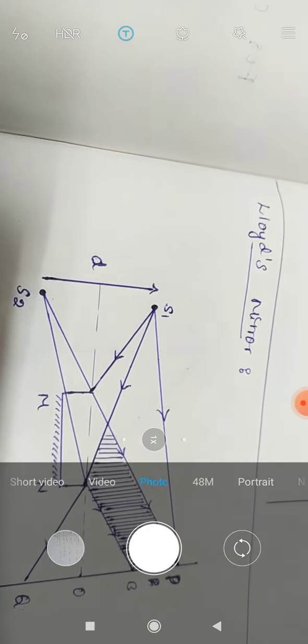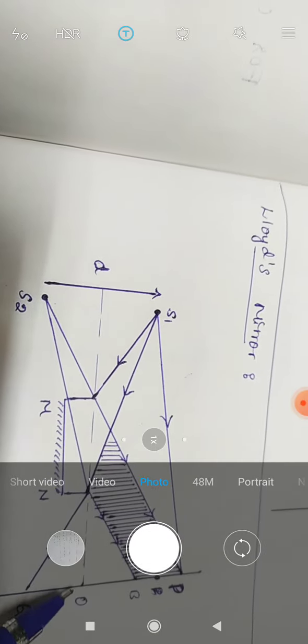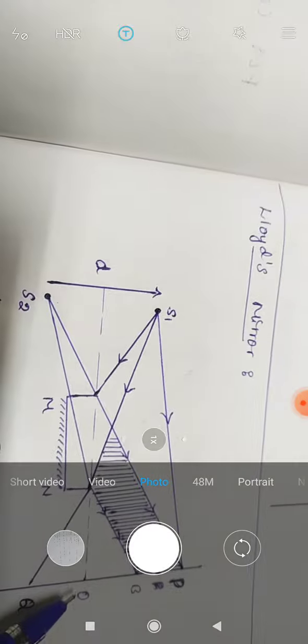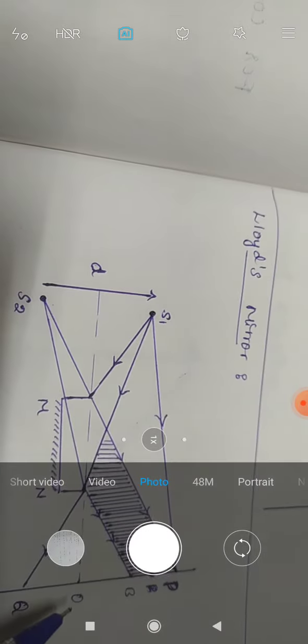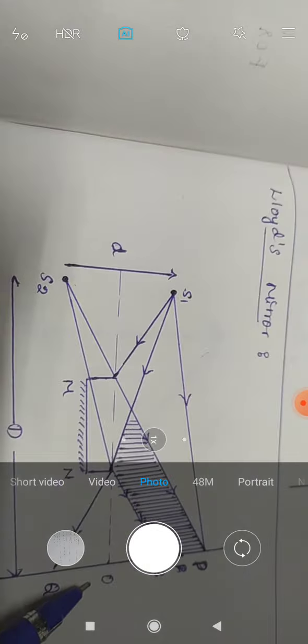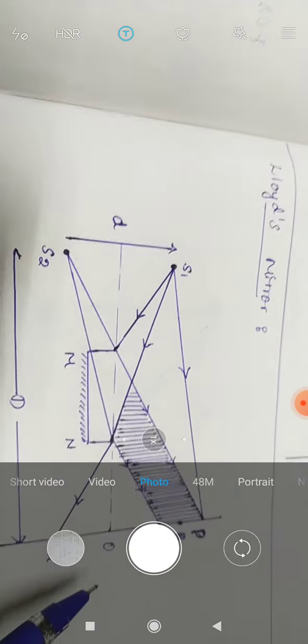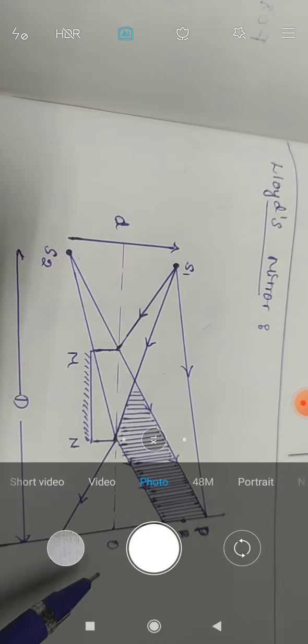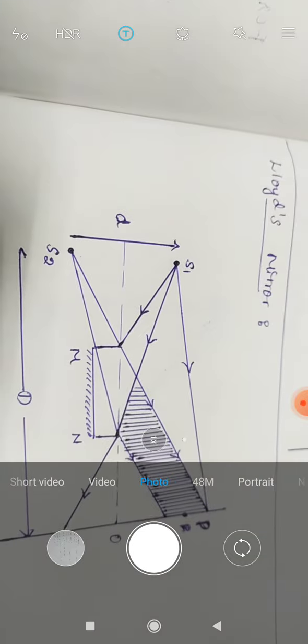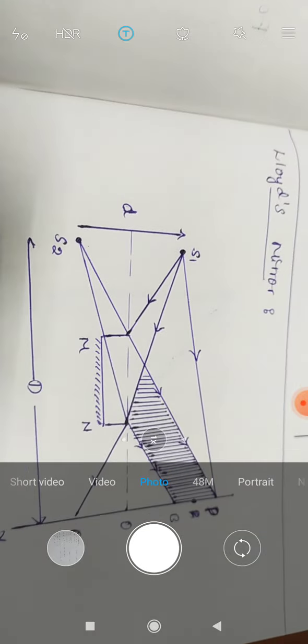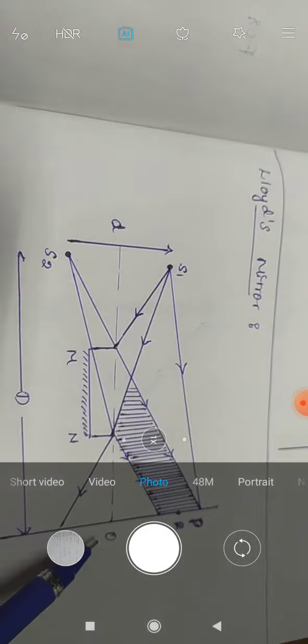It is found that the central zero order fringe is expected to lie at O, because we already discussed in Young's double slit experiment that the central fringe is always bright.